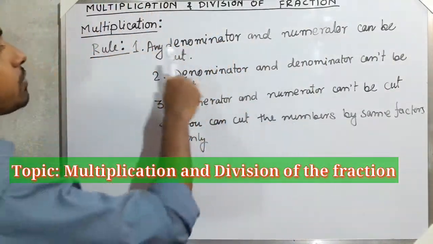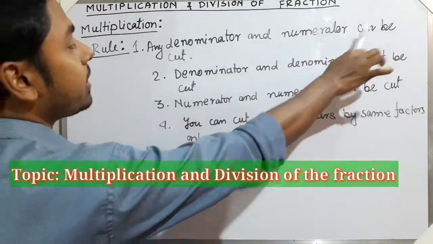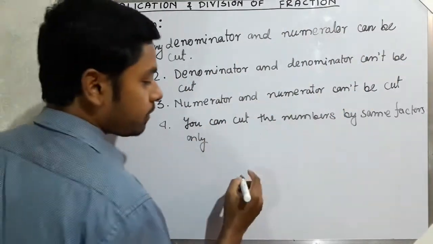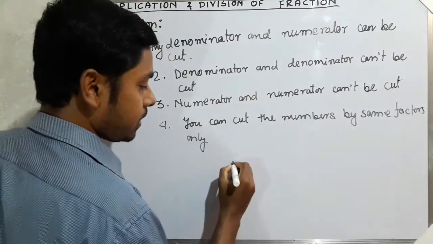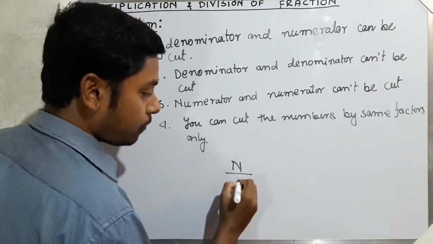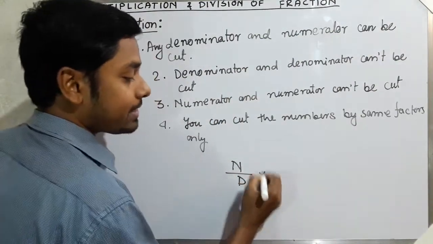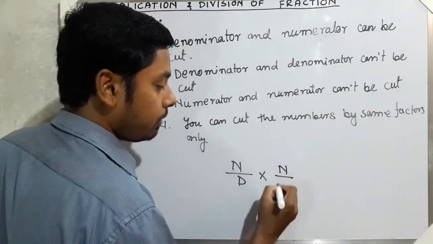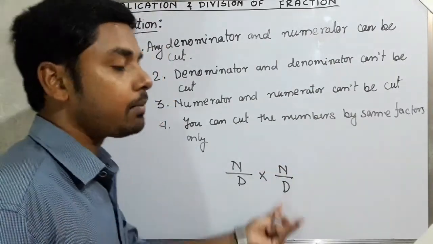The first rule is: any denominator and numerator can be cut. Suppose you have two fractions. The first fraction is in the form of numerator by denominator, and the second fraction is also in the form of numerator by denominator.